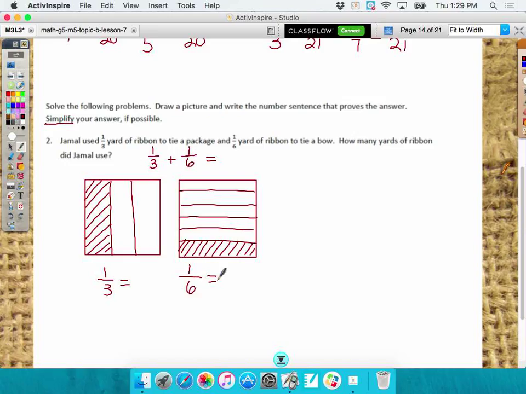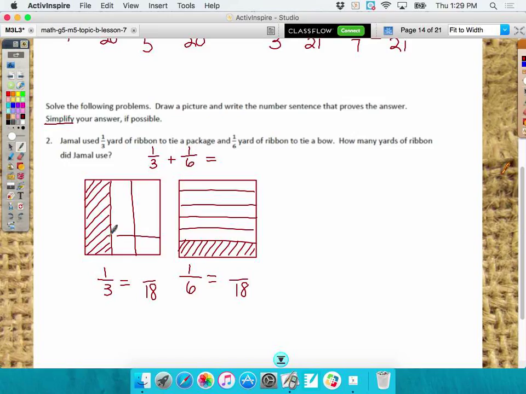Okay, now if I multiply 3 times 6, what number do I get? 18. That's my new denominator. According to the strategy we've been using, which is multiplying denominators to come up with a new denominator, okay?